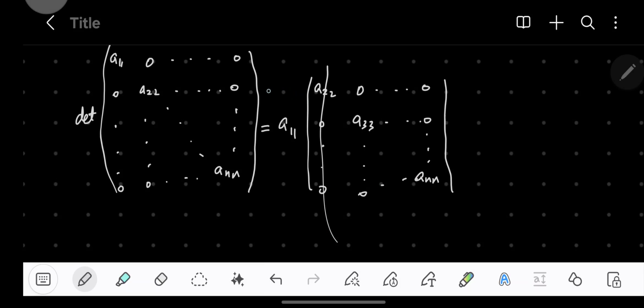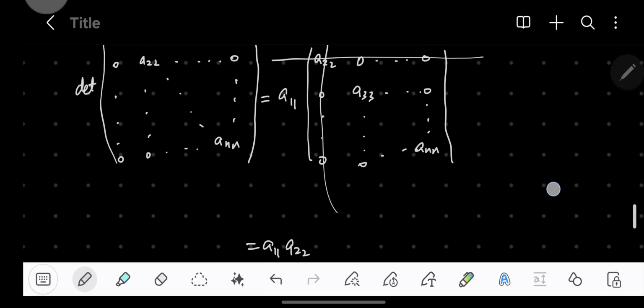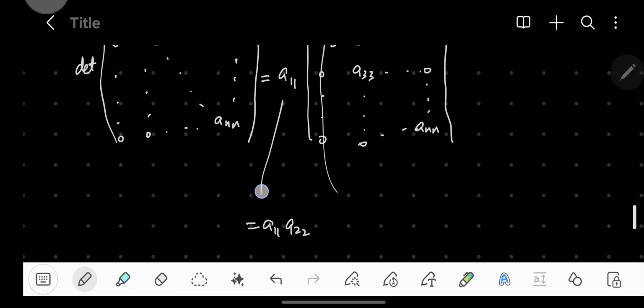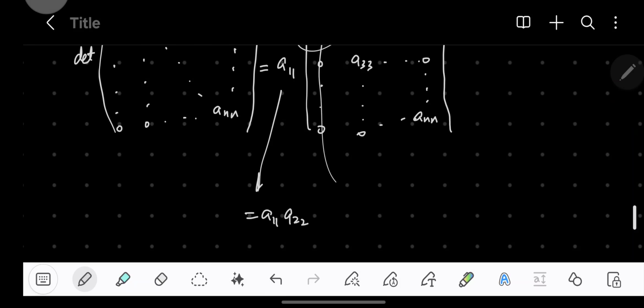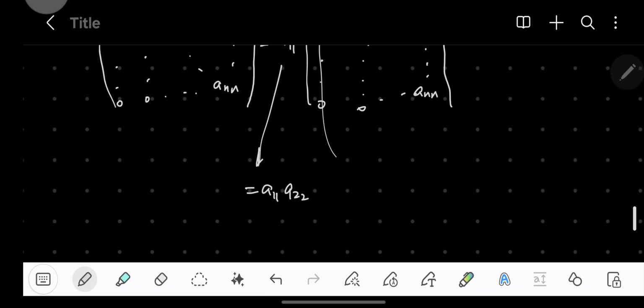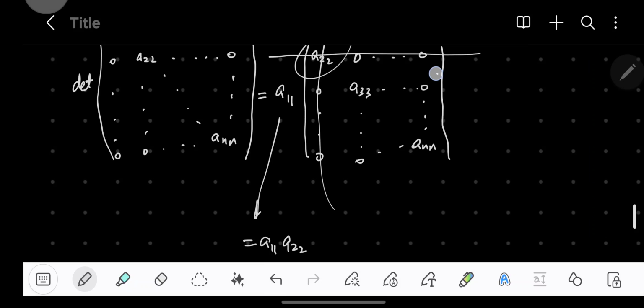I will do the same thing. I will write this A11 as it is, and this entry A22 as it is, times the determinant of this submatrix.